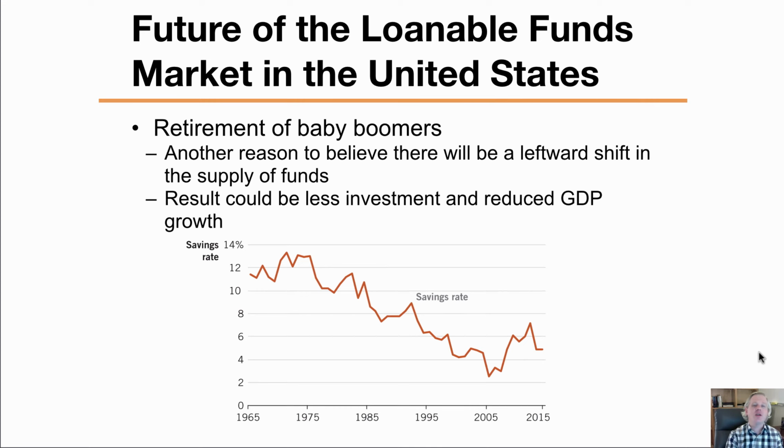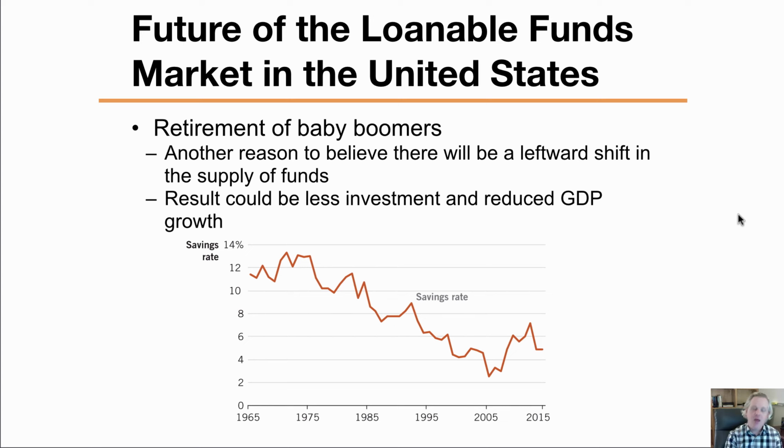So that also causes a leftward shift in the supply of funds. So there's less investment, and if it's not made up for with foreign investment, we would get reduced GDP growth compared to what it would be if people were still saving at the higher rates that they saved in previous decades.